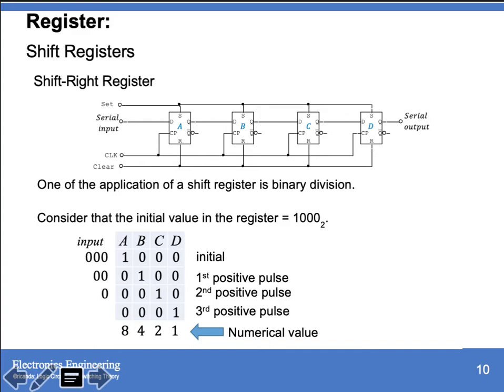So we have a division by 2 to the n, where n is the number of pulses that your data is shifted to the right.